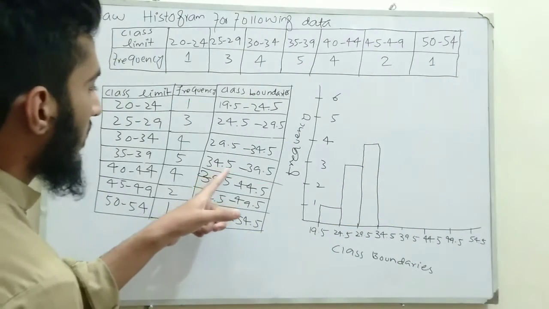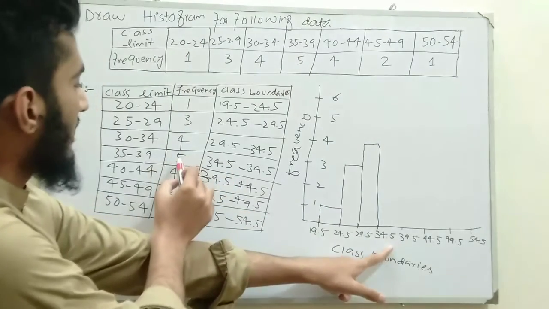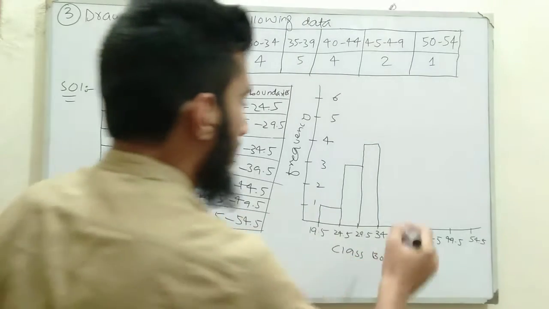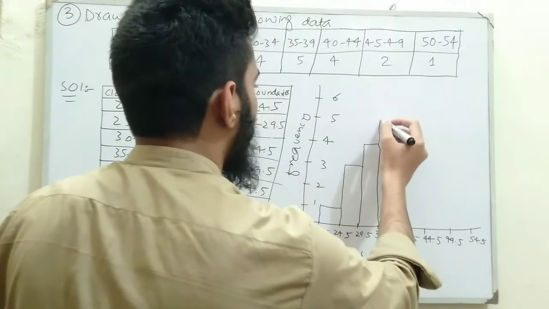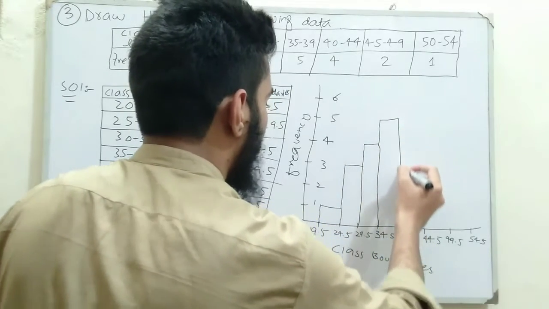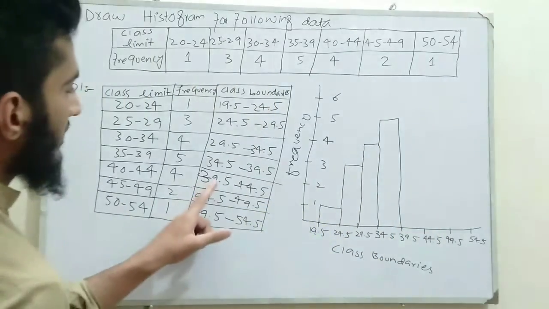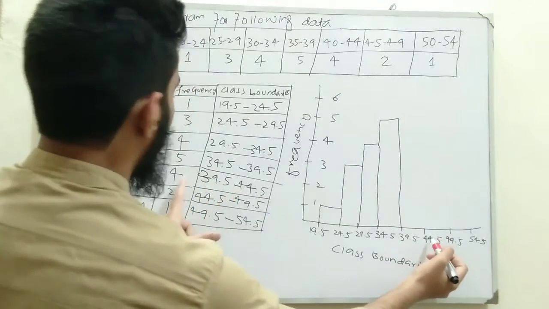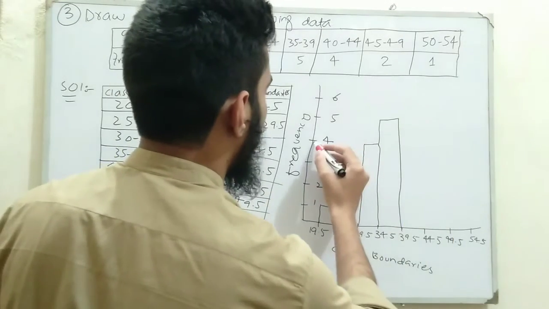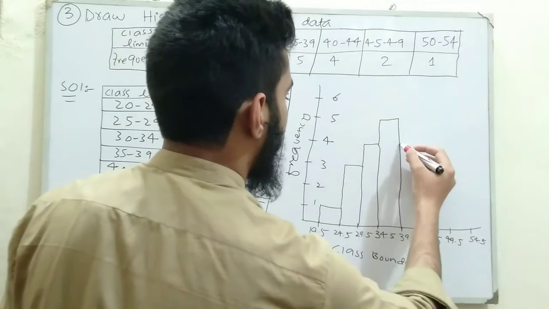After this we have 34.5 and 39.5, but in front of it we have frequency 5, so it will go just like this and match with 39.5. After this 39.5 to 44.5, but the frequency is 4 here, so it will be in front of 4, which is just like this.